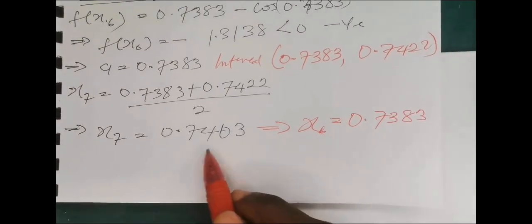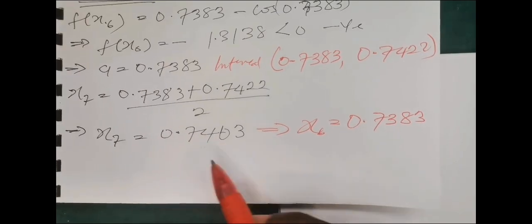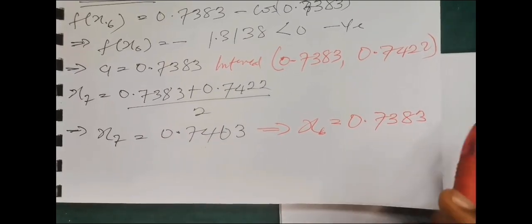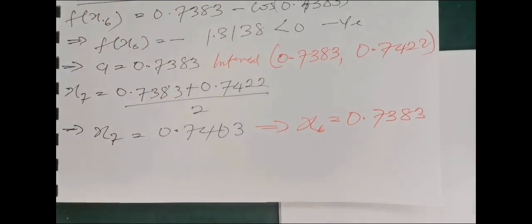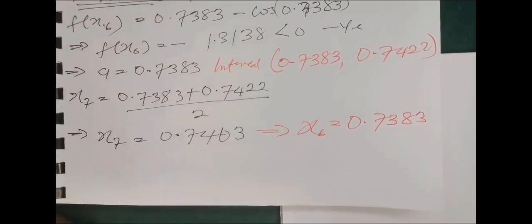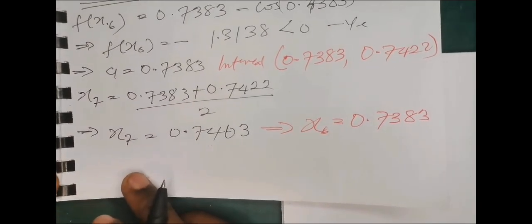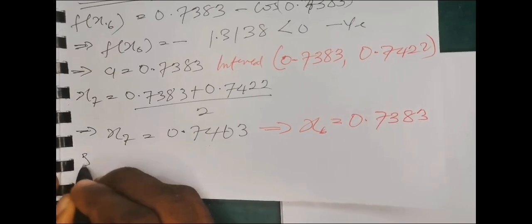Once again, upon comparison, the root has not converged here. This is 0.74 to 2 decimal places and this is 0.73 to 2 decimal places. So we keep on iterating. It takes a lot of patience and accuracy, and you're going to be fine. So we'll further iterate and carry on with the 8th iteration.